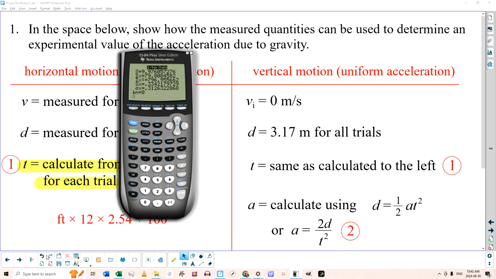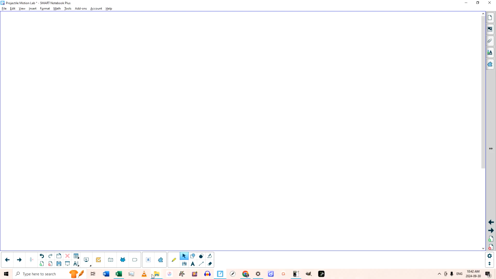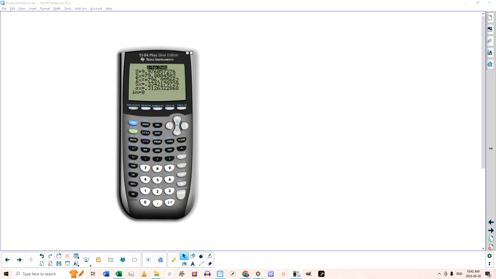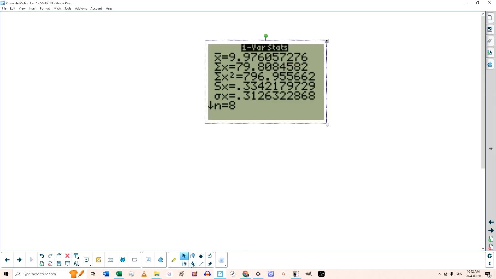The very first number that pops up in this cornucopia of information is your average. So your average acceleration due to gravity is 9.976, which has got to be less than a couple of % error.